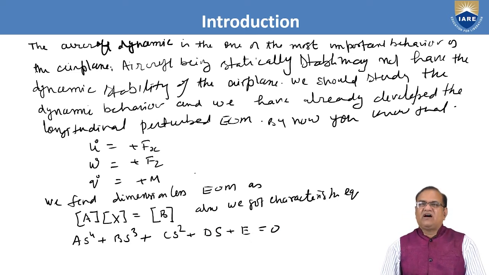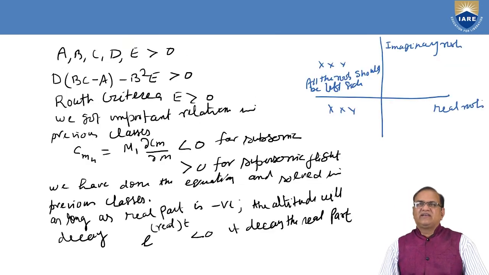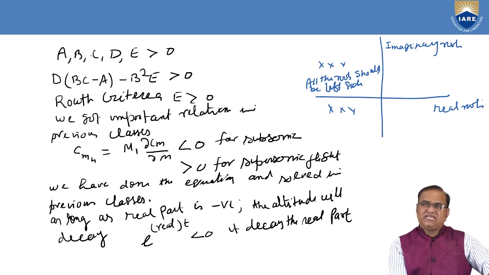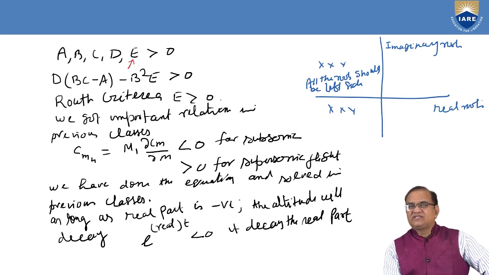So we get a fourth order equation, and we can see that A, B, C, D, E should all be greater than 0. We are talking about the Routh criteria. The second condition is D into BC minus AD minus B square E should also be greater than 0. And in the Routh criteria, E should be the last term, and it should be greater than 0.